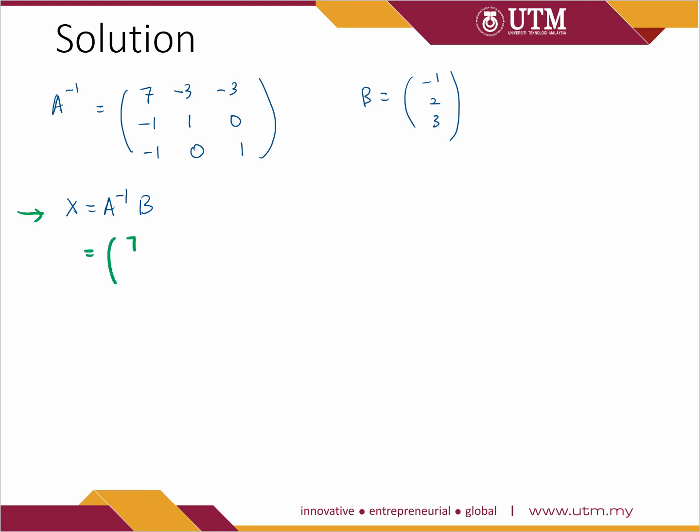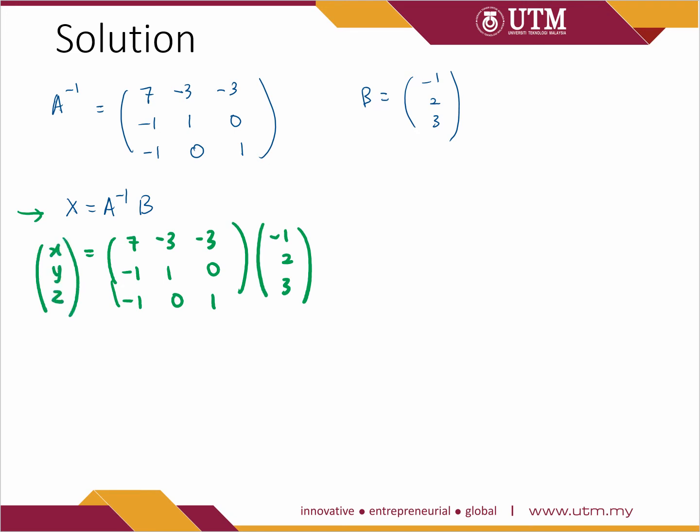So here we have 7, -3, -3, -1, 1, 0, -1, 0, 1 times matrix B, which is -1, 2, and 3, where our X matrix is given as x, y, and z.